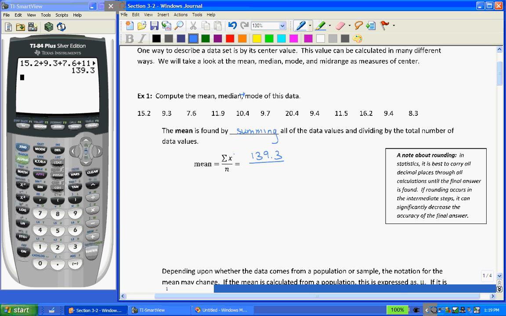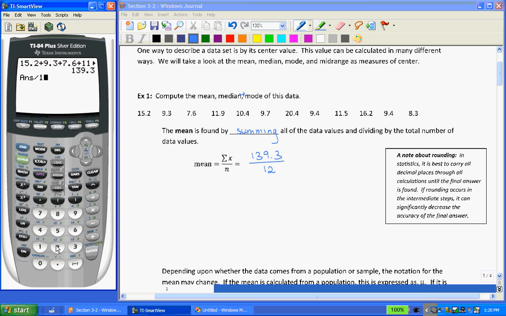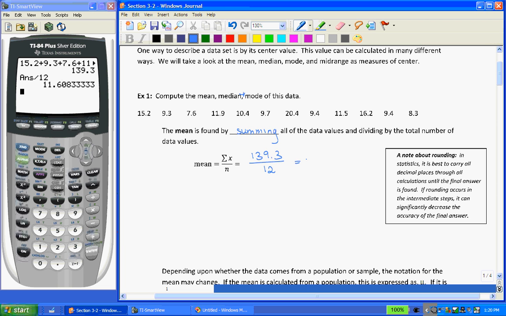If it were a capital N, that would be in the population. So we know we're dealing with a sample, and we have 12 values in our sample. So if I take that total and divide by 12, we get 11 point, now I'm going to round to the second place after the decimal, 11.61 for our mean.